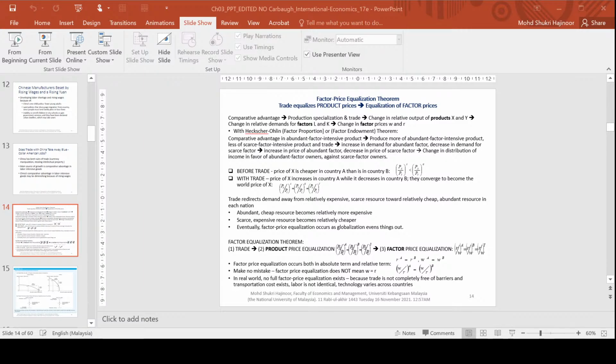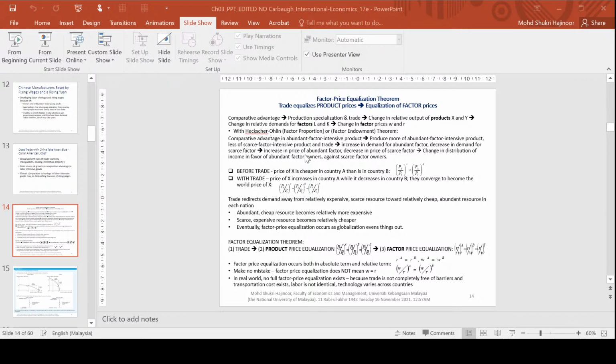We know United States has comparative advantage in aircraft, China in textile. Now, China wants to produce textile, which is the import competing industry.